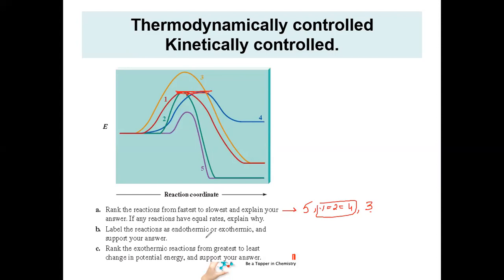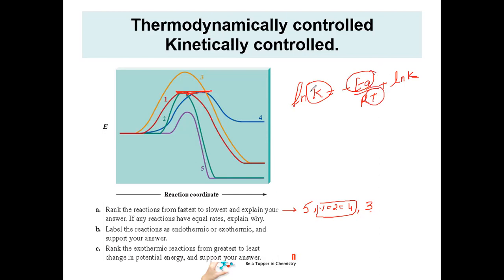Yes, it is completely based on activation energy. The rate constant K, you remember I was telling you, ln K is minus Ea over RT plus ln A. What is K? K is the rate constant, which depends only on activation energy and temperature.